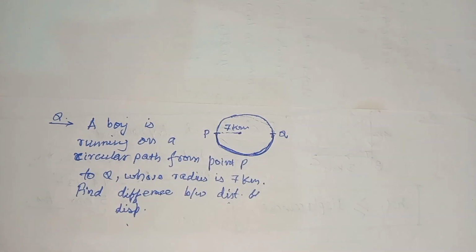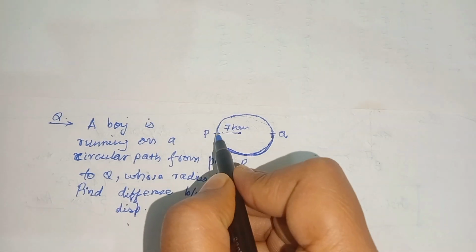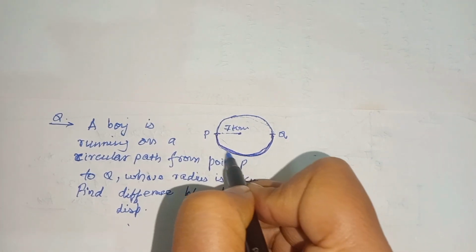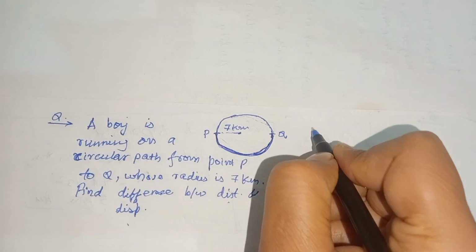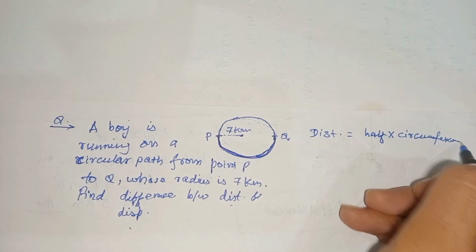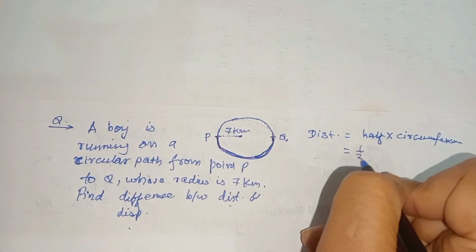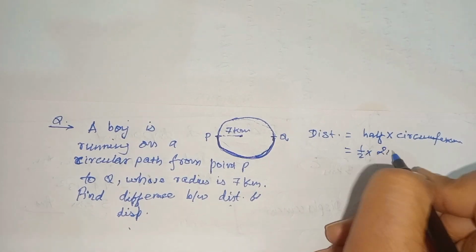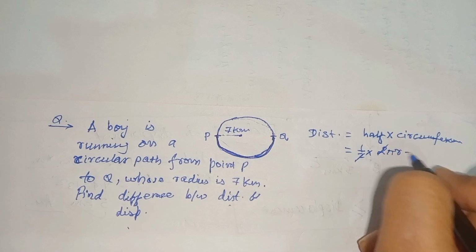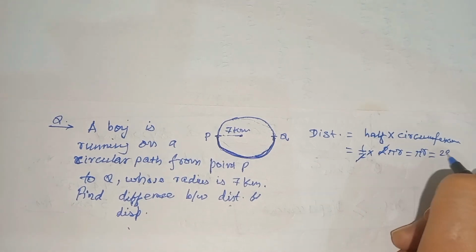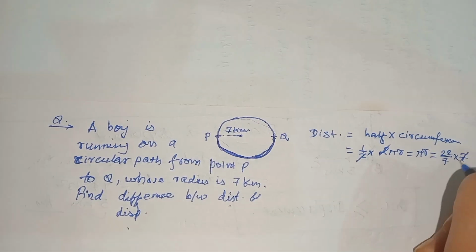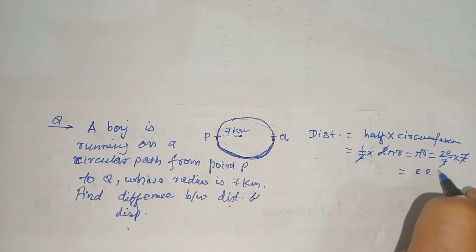This is half of the circumference. So distance will be half into circumference. The formula is 2 pi r, the 2 cuts, and that is pi r. The value of r is given here as 7, so it is 22 kilometers.